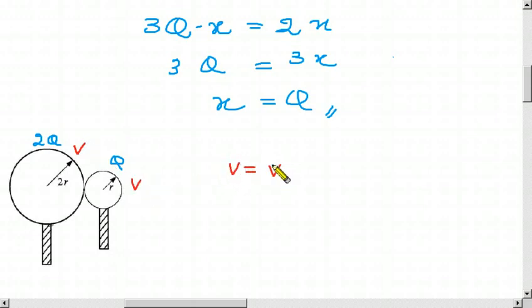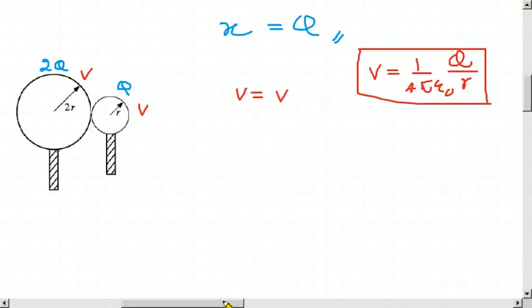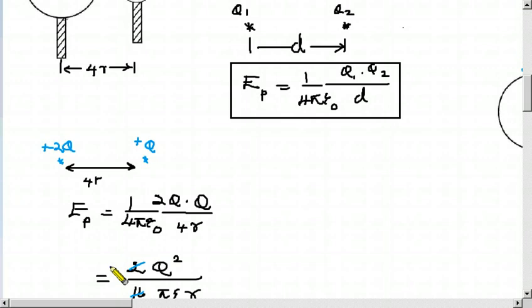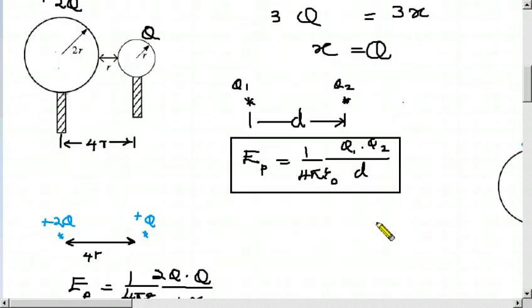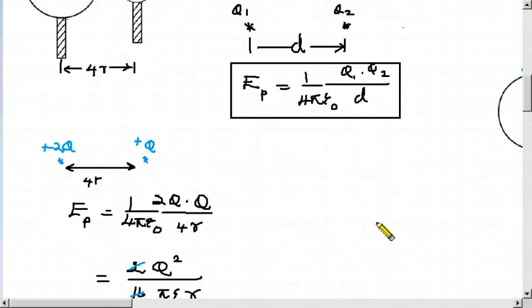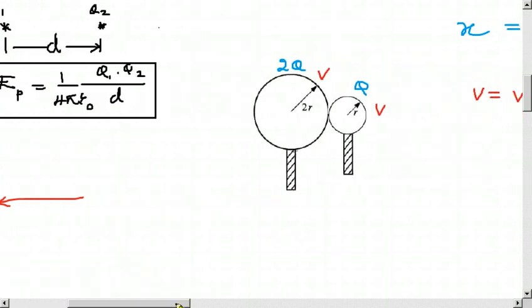V equals V, so potential is 1 over 4 pi epsilon naught Q divided by R. This equation we have to apply to both spheres as we previously did, therefore I am not going to do it again. So I just draw an arrow to this place, find the potential, and thereafter find the potential energy.